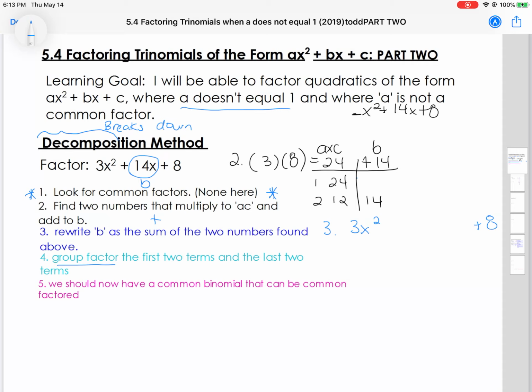And we're using this one here: 2x plus 12x. You could check your answer. You want these 2 to add together to give 14x, which is what the B value is in the question, which it does. And they add to give 14 and multiply to give A times C, which is 24.